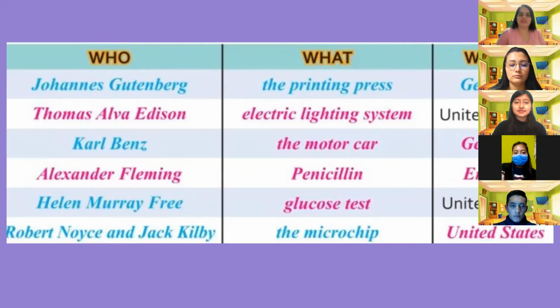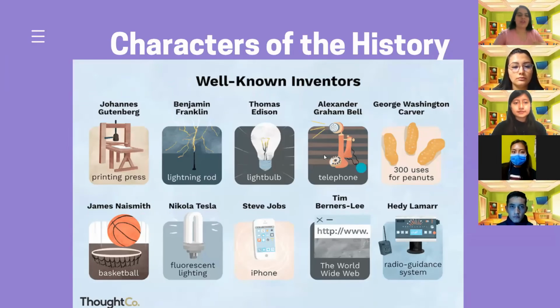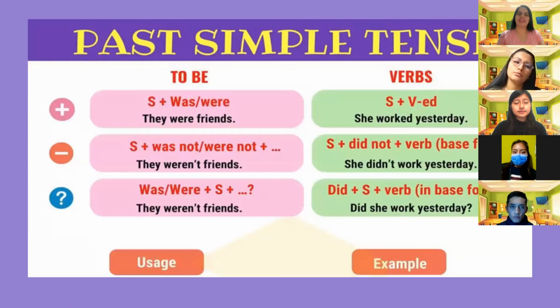What is the invention? And where was this invented? We have other questions, but I want to highlight this one: what do all these inventions and inventors have in common? Can you guess? All these things happened in the past.